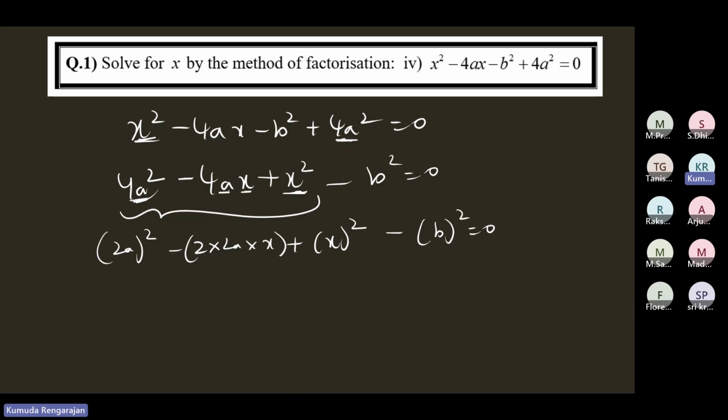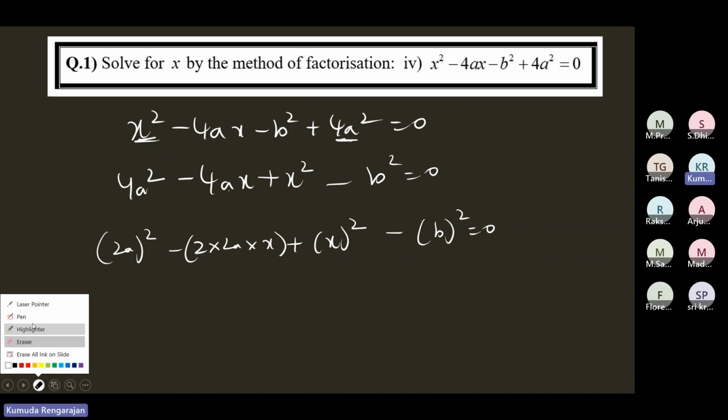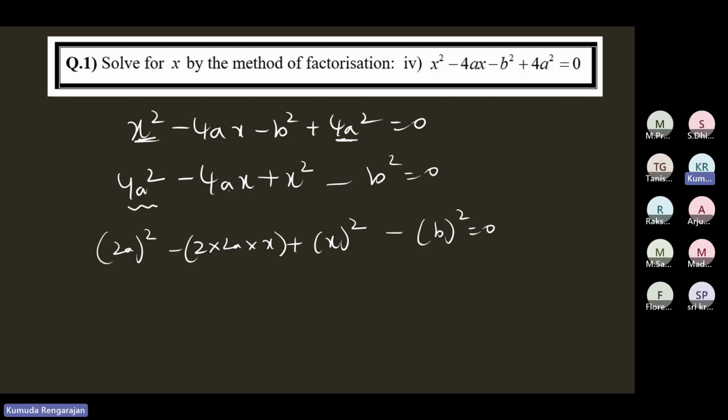This is 8th standard, where you factorize by using an algebraic identity. So this is like a the whole square, and this is b the whole square, and this is minus 2ab. So here 2a the whole square is 4a square, x the whole square is x square. Then 2 into 2a into x.